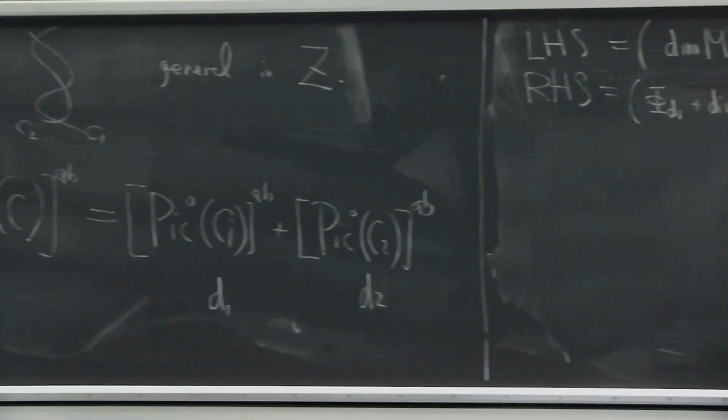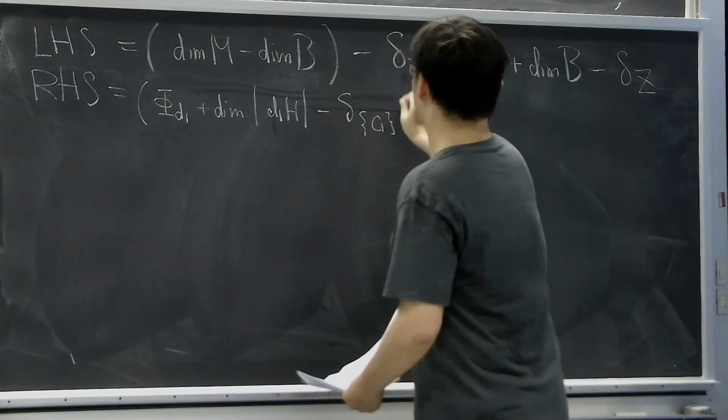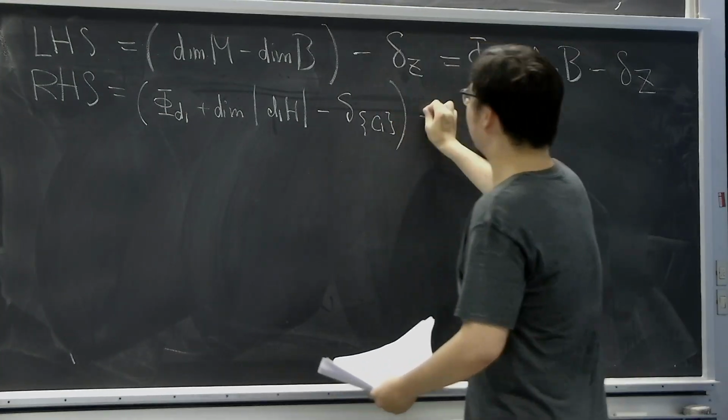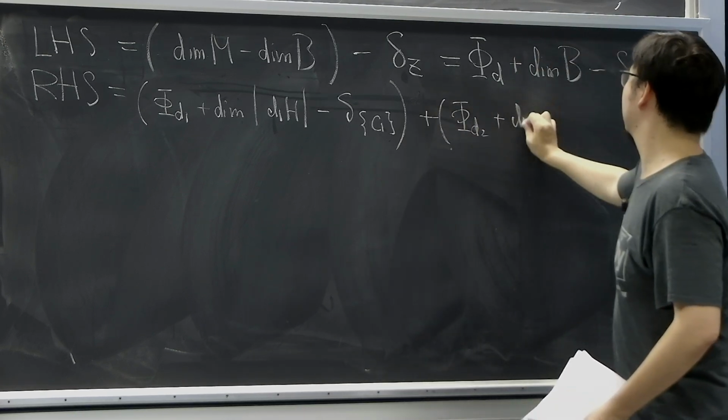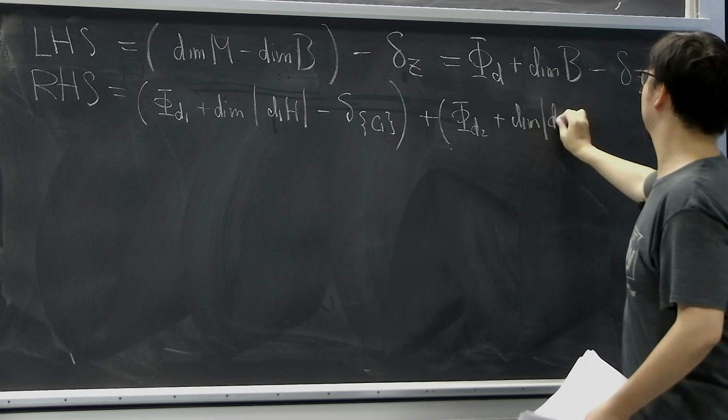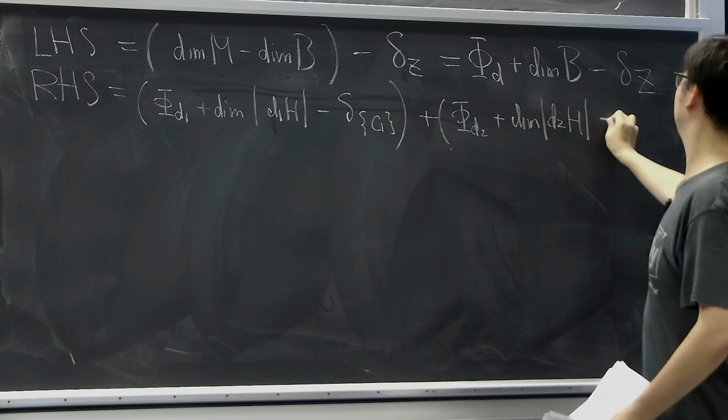So let me just write this way. It's delta C1. And then you have another term, which is phi D2 plus dimension D2H minus delta of C2.